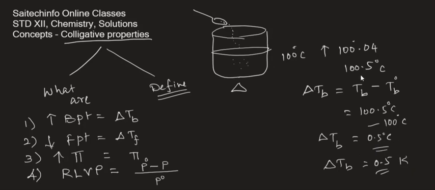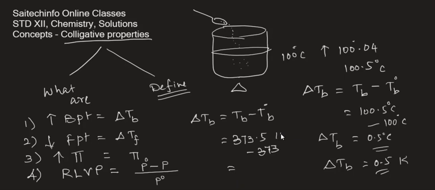You can add it to each term. For instance, let me declare delta TB is equal to TB minus T naught B. If you want to convert this, you add 273: 100 plus 273 is 373, so 373.5 for the solution. What about the pure one? That is 373.